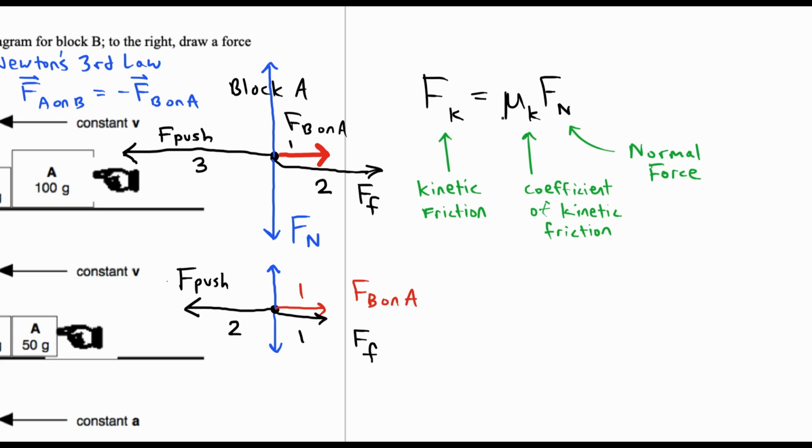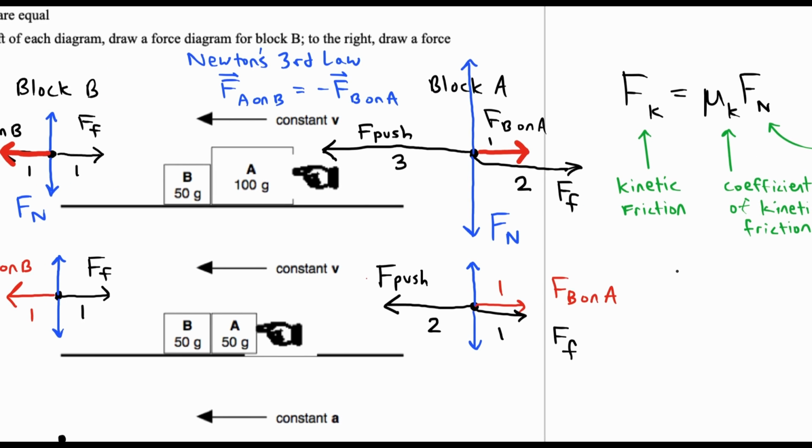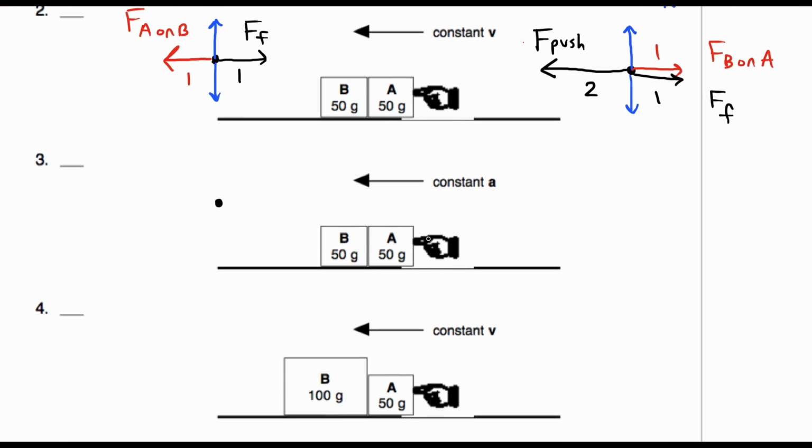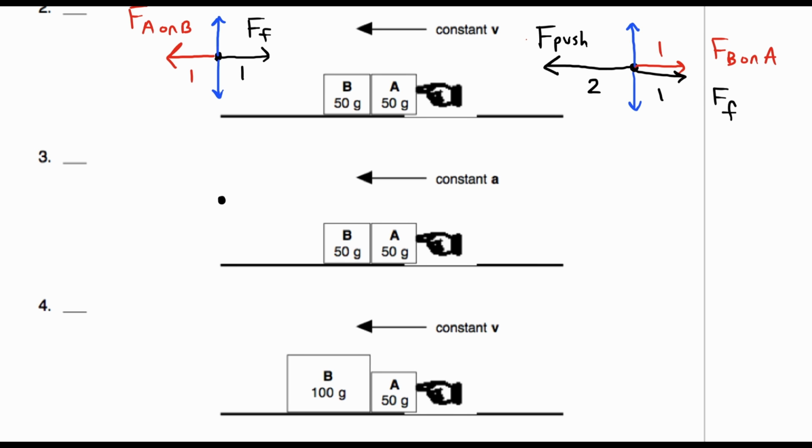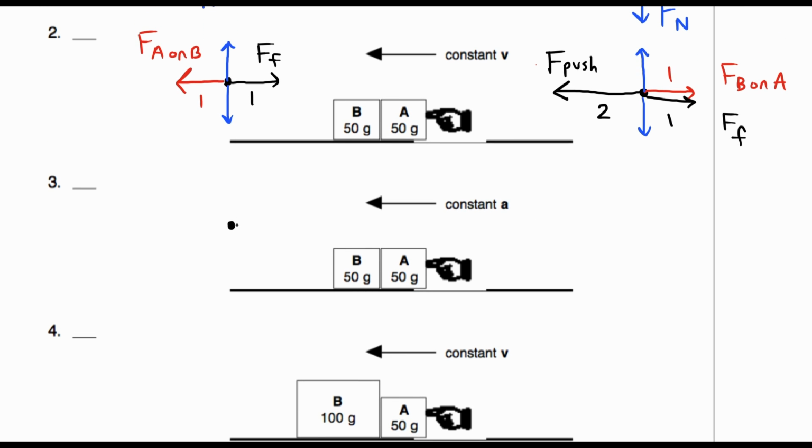So it doesn't really matter how fast the object is moving or if it's accelerating or not. So when it comes to the friction here, I'm just going to let it be the same as it was in the above case. I'll let it have a size of 1.